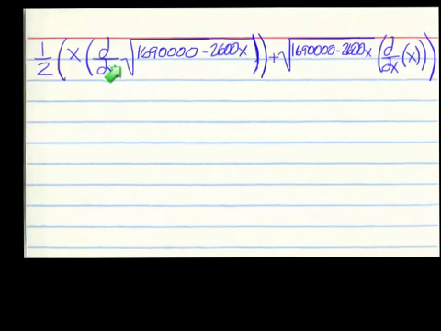But keep all this separated in parentheses, because remember you have a half out there to the left. And the plus sign, according to the product rule, you have to do the radical sign term just by itself, and then multiply it by the derivative of that x term.